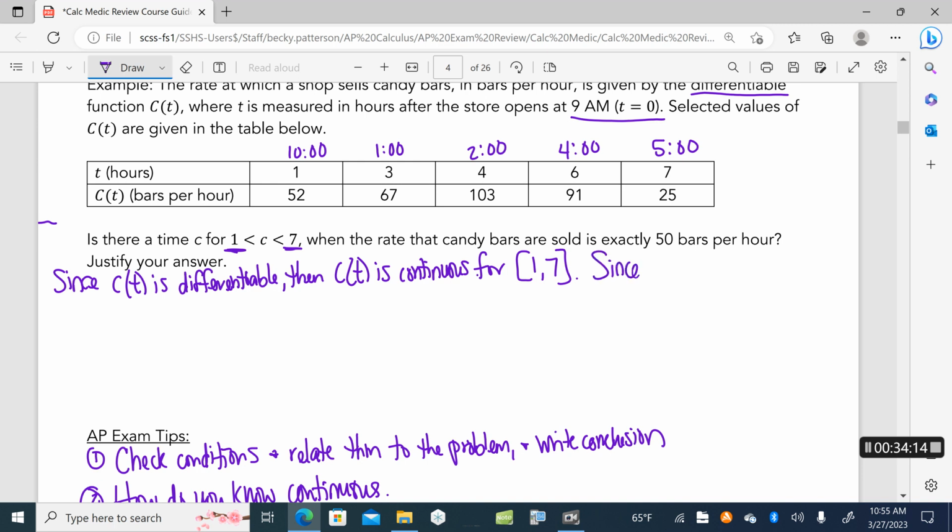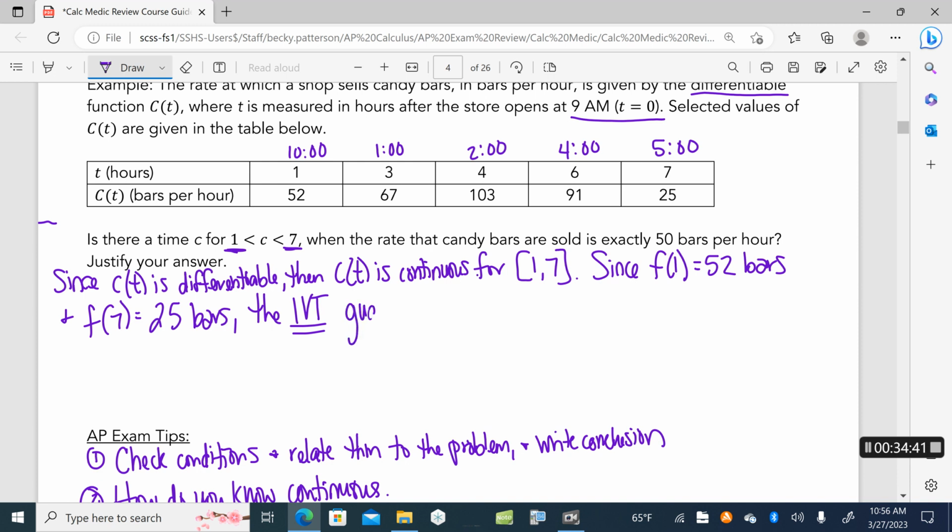So I'm going to say since f of 1 equals 52 bars and f of 7 is 25 bars, the IVT, and this is really important to call it by name, the IVT guarantees, nope, I spelled that wrong. Let's try that again.